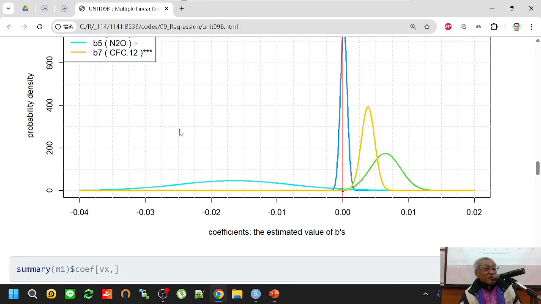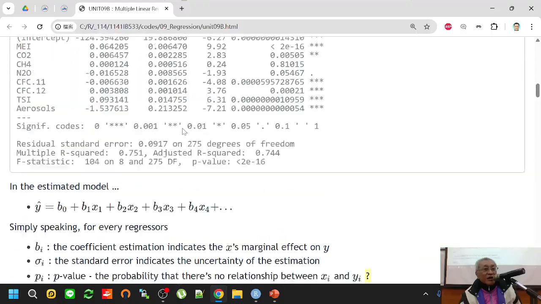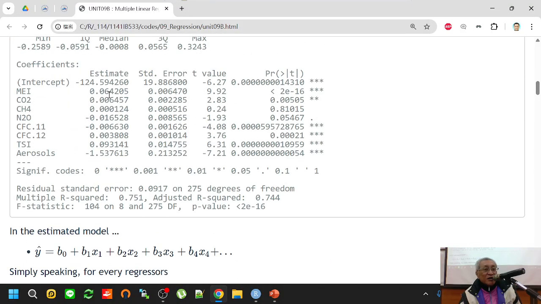So that's one thing I would like to remind you: when you look into the model summary and assess the relationship between X and Y, don't just look at the estimation value. You need to also take a look at the standard error, or the other way is to take a look at the p-value.